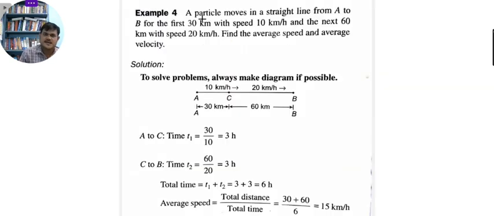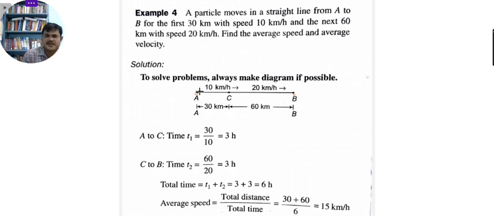This is the basic, so we can go into a related sum. A particle moves in a straight line from A to B. The particle starts from here, the initial position, and finally ends here as a straight line. The first 30 km it moves with a velocity of 10 km per hour, and the next 60 km it moves with a velocity of 20 km per hour, exactly 90 km.